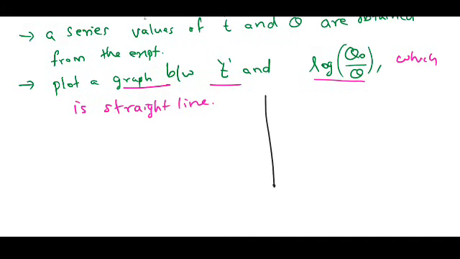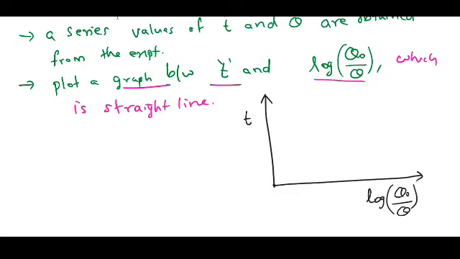We plot log theta 0 by theta on the x-axis and time on the y-axis, and its graph will be a straight line. Therefore the slope of this graph gives a mean value of t by log theta 0 by theta.